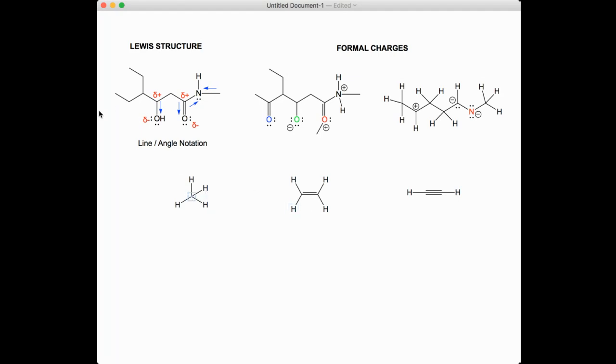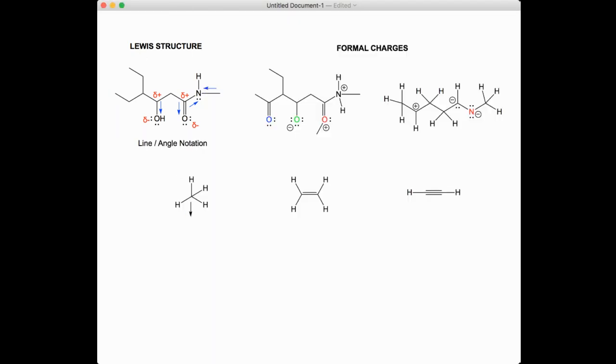So in this carbon over here, I'm going to write that we can see, obviously, this carbon has 4 single bonds. So that carbon has 4 single bonds.